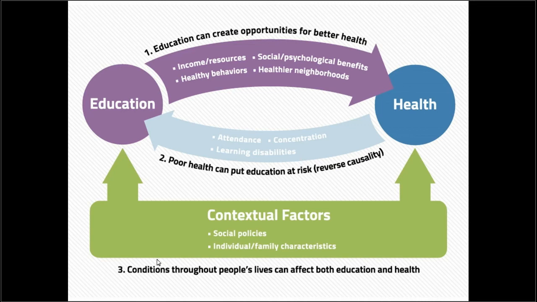On the flip side, being healthier can impact education, where people who are in poor health can put their education at risk, because they are less likely to have good attendance in school, less likely to concentrate well, and might have a higher number of learning disabilities that makes it harder to do well in school.